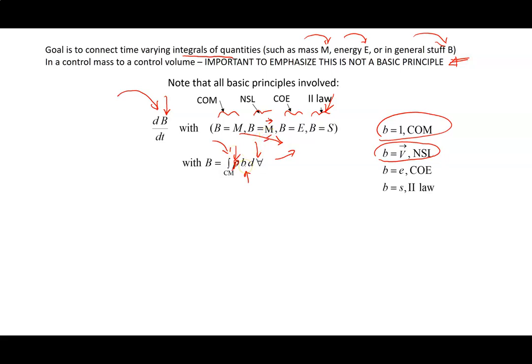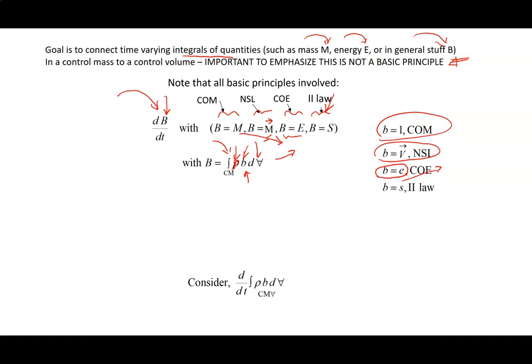In the same way, if b were to be the energy per unit mass, I multiply the mass by energy per unit mass, which gives me the energy. I add all these pieces of energy, or integrate over the volume, and I'm going to get the total energy, E, and so on. And b would be the entropy per unit mass if I'm talking about entropy.